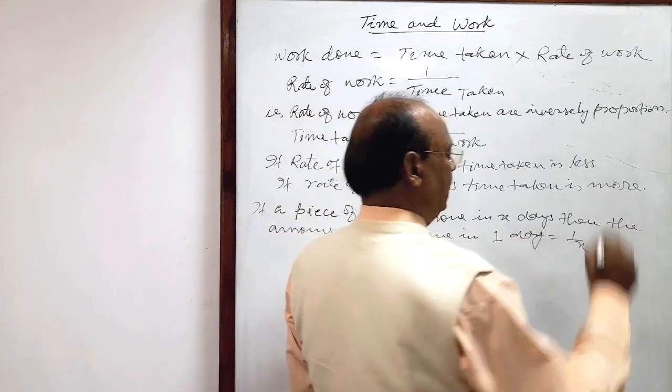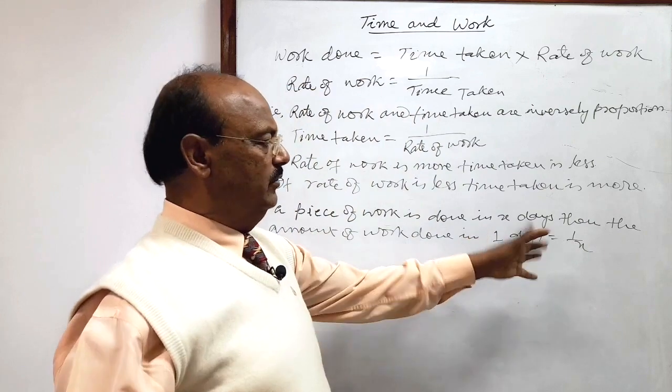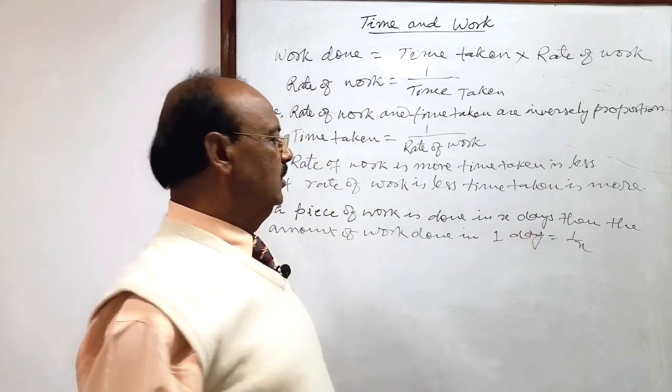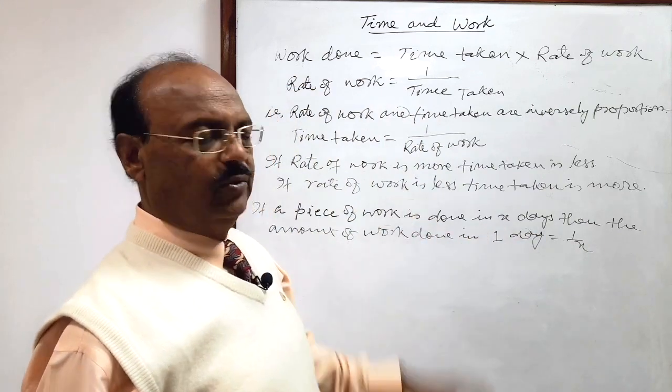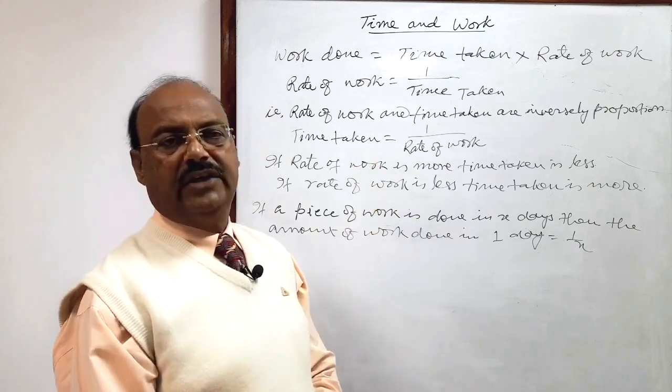That is 1 by X. This is a step of the unitary method. This type of approach is required for solving the problems in this chapter, time and work.